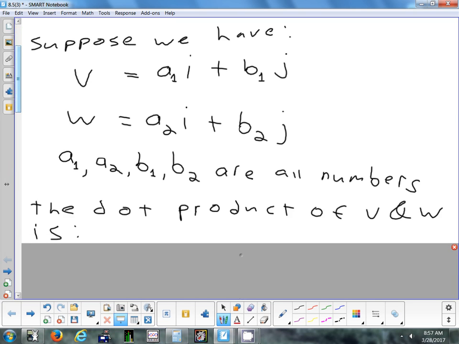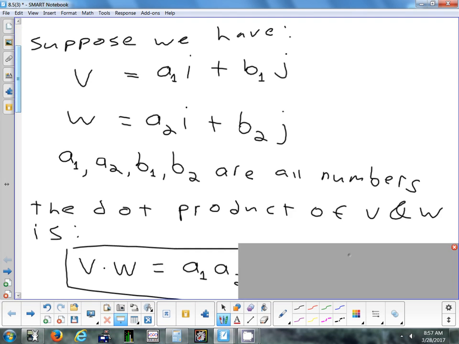So the dot product, okay? In other words, if you wanted to take V dot W, you can't say times W. You have to say V dot W. To find that product, you take the horizontal components, A1 and A2, multiply them together.